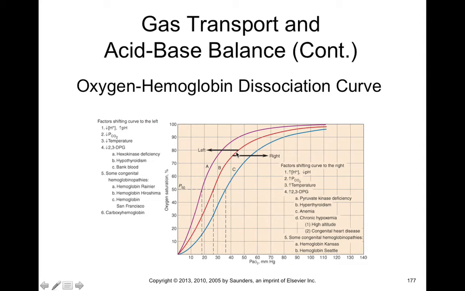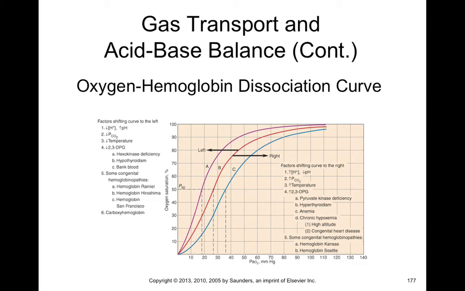This may induce a left shift, because you don't want to release oxygen into a tissue that doesn't need it. So instead, that hemoglobin can hold on to its oxygen until it encounters a warmer tissue like skeletal muscle that's currently active. And once that hemoglobin encounters the warmer tissue, it can undergo a right shift, which could be due to an increase in temperature, and therefore be more likely to release that oxygen into a tissue that needs it more.